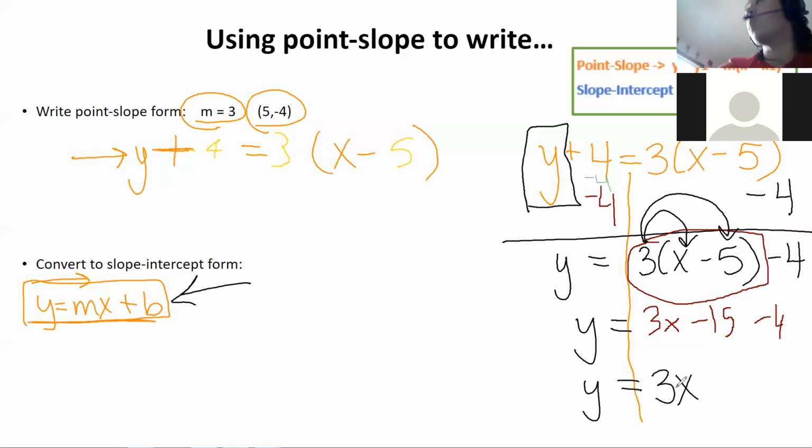And what is my y-intercept going to be? What is negative 15 minus 4? Yay! Very good. We would combine those like terms and we get negative 19.